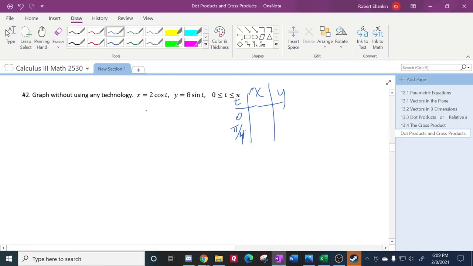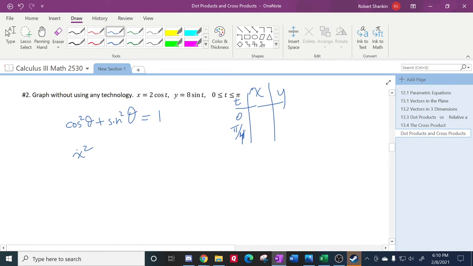The much more efficient way is, when you see sine and cosine, as long as the angles are the same, turn this equation into this equation. How do I do that? Well, cosine is not squared. You got to square it.